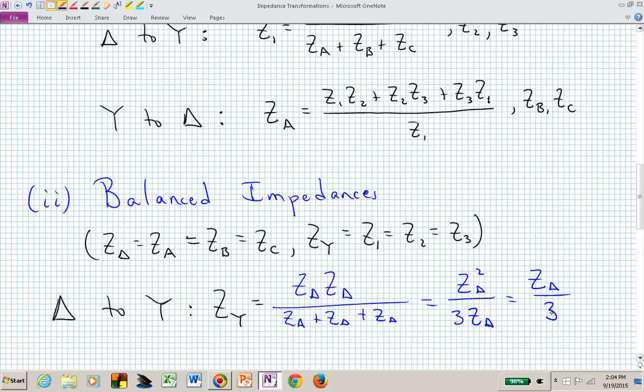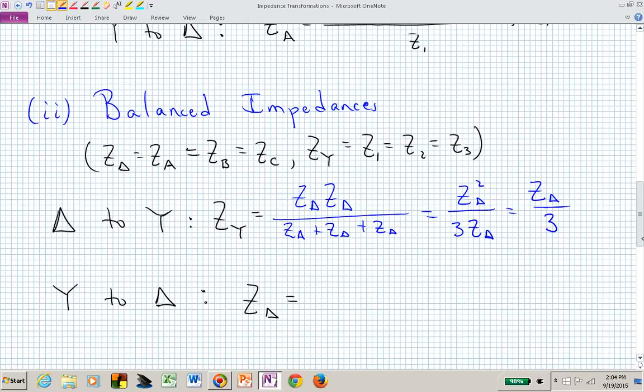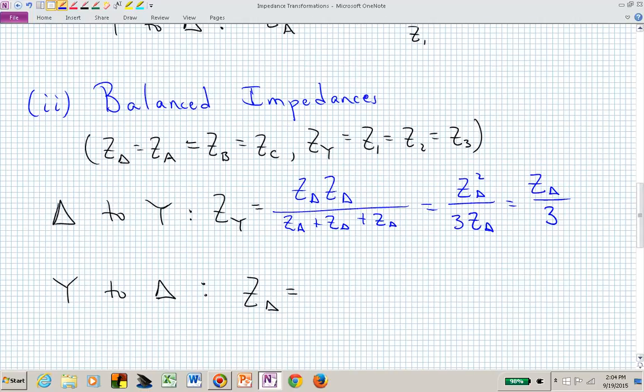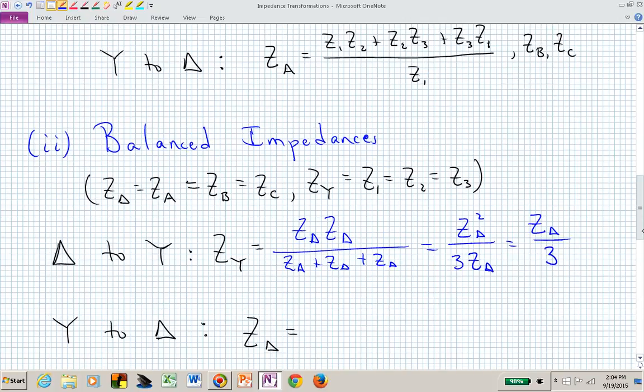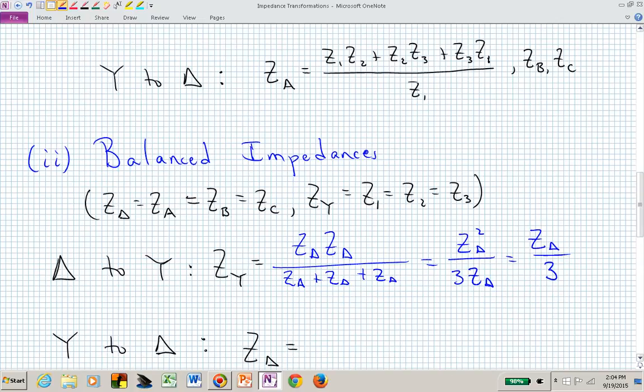And we see, in fact, that the balanced Y impedance is a factor of 3 smaller than the delta impedances. If we did the same process in going from Y to delta with this unbalanced formula, now replacing those unbalanced impedances with balanced values, we now have a pairwise product of ZYs that we sum up 3 different times.